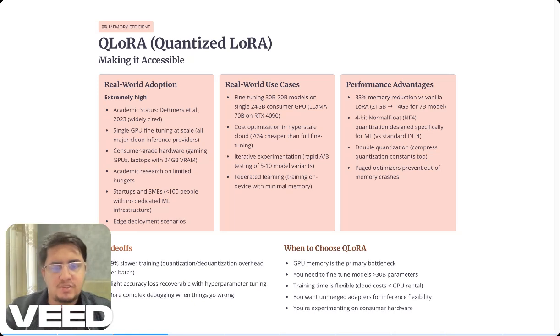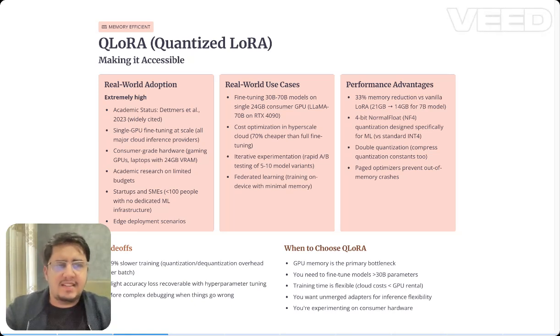Obviously it's a little more complex to debug when things go wrong, but that's a lesser evil that people usually take in exchange for the advantages they get from access to hardware that they can run the models on.